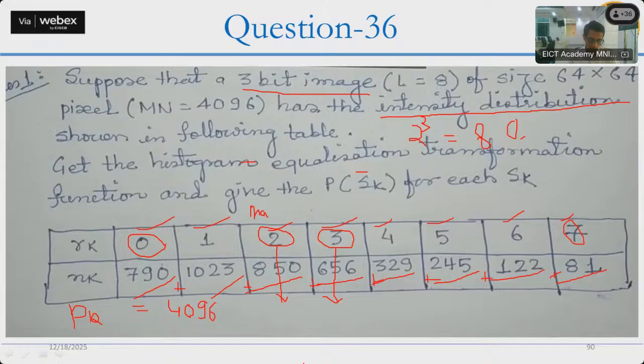It is 0.207. Then 656 divided by 4096, can you tell what will be the value?